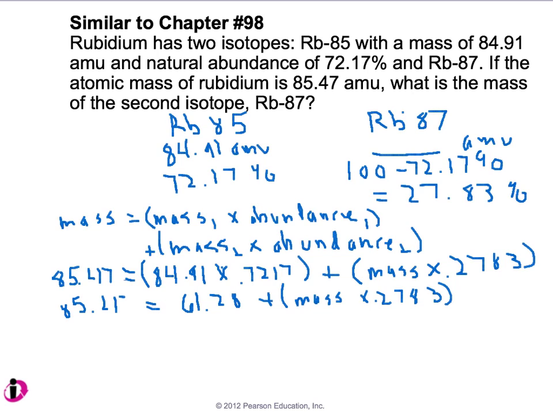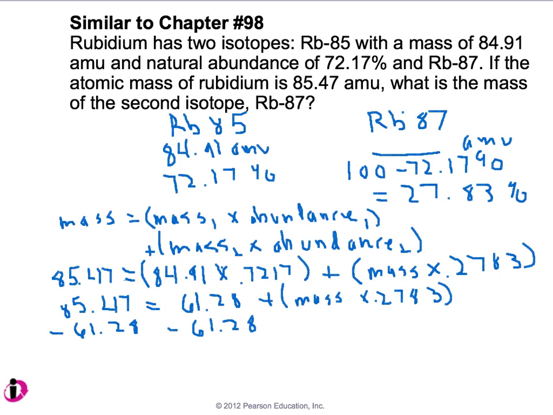Now, next thing I got to do is I see this number here, this 61, and I've kind of gotten it a little bit simplified by doing this multiplication, but I need to get it away from mass because I'm trying to get mass by itself. So the way I'm going to do that now is I'll subtract 61.28 from both sides, and that'll make this cancel out over here. So this is going to go away, and so over on this side I'll have to go ahead and do the work.